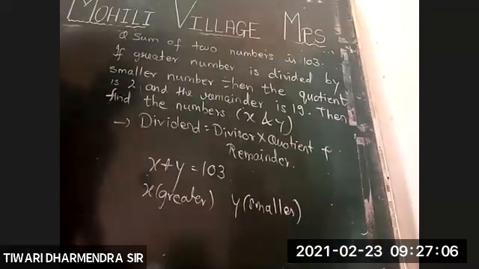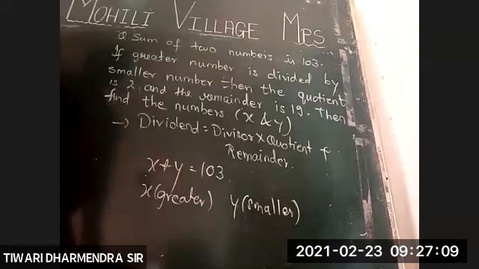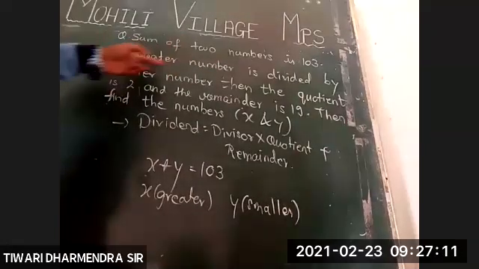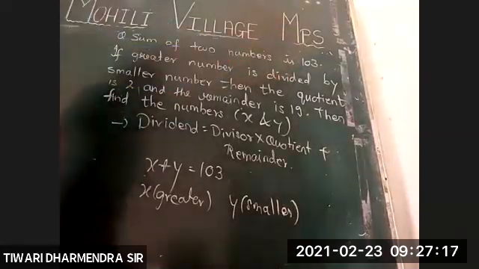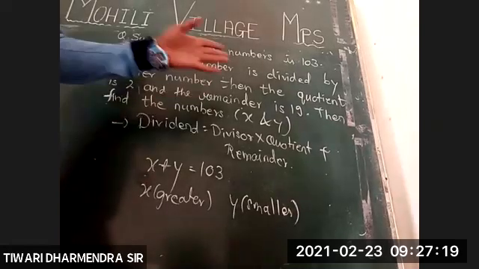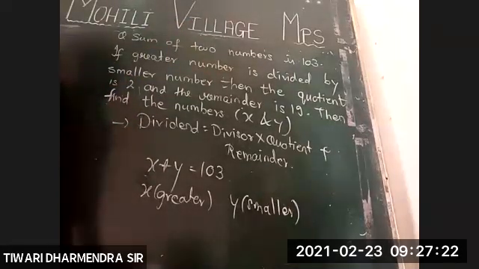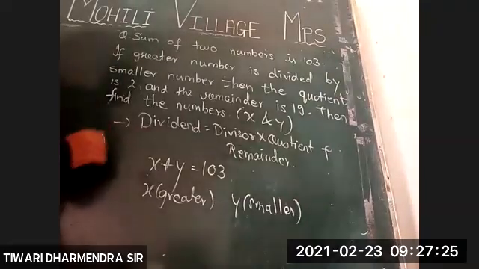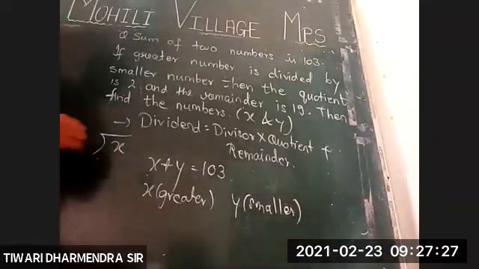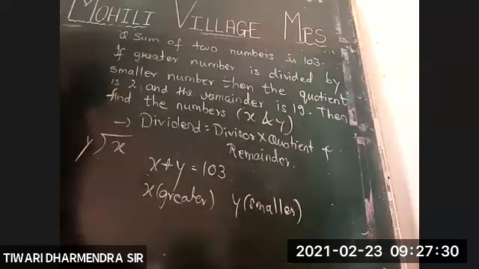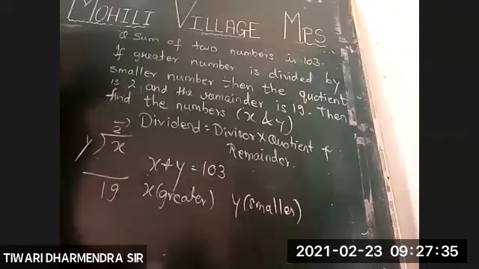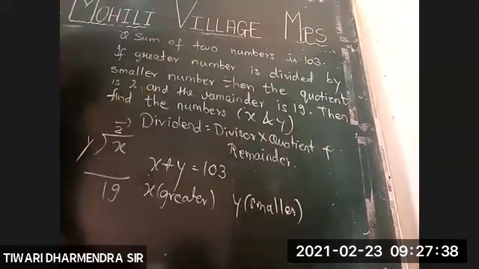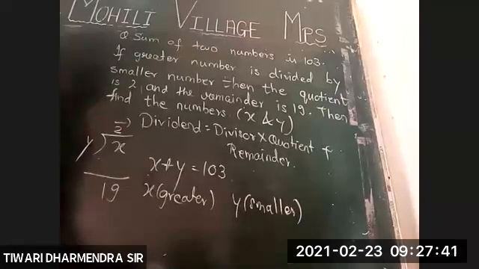Once we have assumed x to be greater and y to be smaller, read the statement and frame the equation accordingly. If the greater number is divided by the smaller number, the quotient is 2 and the remainder is 19. We write this in the form dividend is equal to divisor into quotient plus remainder.